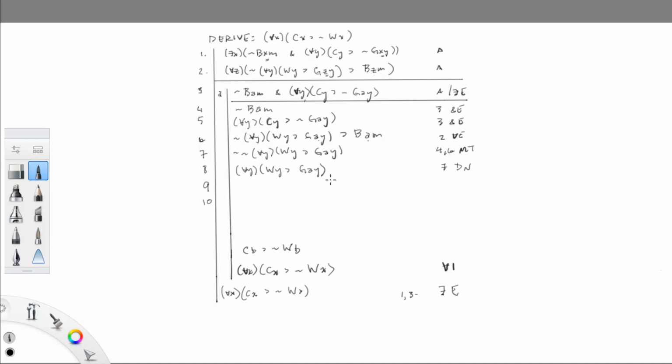Okay, so what we want to do with lines 5 and 8, they're both universal generalizations, and we want to instantiate them. We can instantiate universals to any name we want. We could instantiate them to A, we could instantiate them to M, or any other name. We should not instantiate them to A or M, however, because we're going to end up with conditionals that have those names in them.